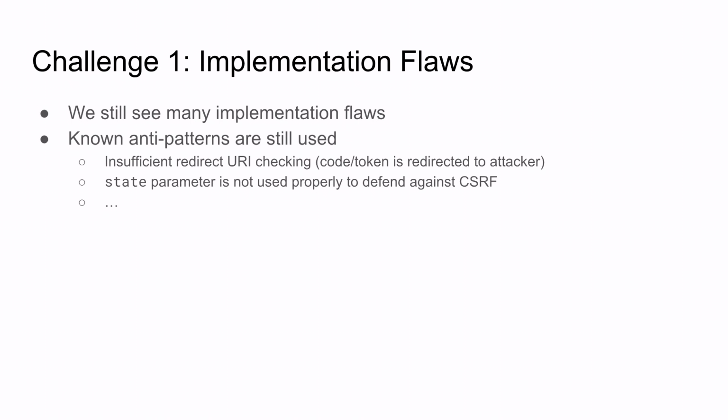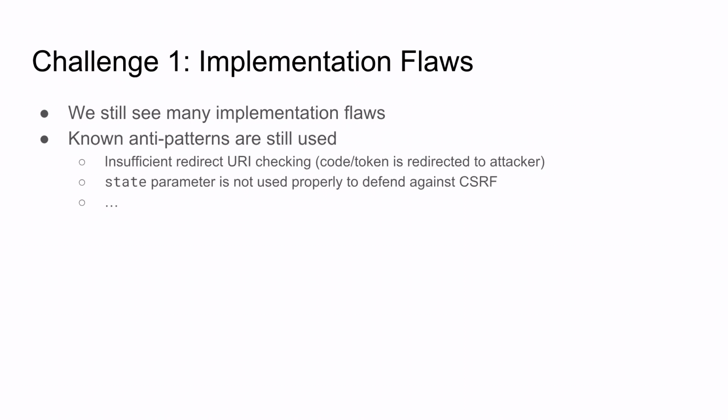Or the state parameter is not used properly. The state parameter is intended to protect against cross-site request forgery, and in RFC6749 and 6819, it says you have to put a fresh random number there, and then you check it when you get it back, and people are not really following that.